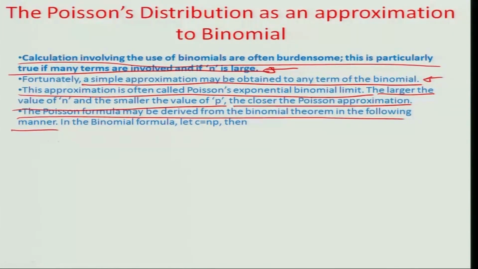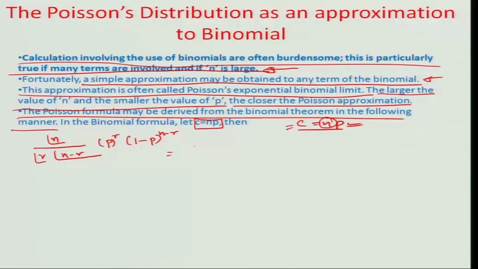So, let us say I look at the chances of occurrences of an event for a certain number of occurrences R. The probability of that occurrence can be provided by the binomial term n factorial by R factorial, n minus R factorial, times the probability of occurrence of the event to the power R, times the probability of the event not occurring to the power of n minus R. So, if I simply substitute C equal to Np in this particular expression, obviously p is very small and n is very large, as in the cases that you have discussed before.